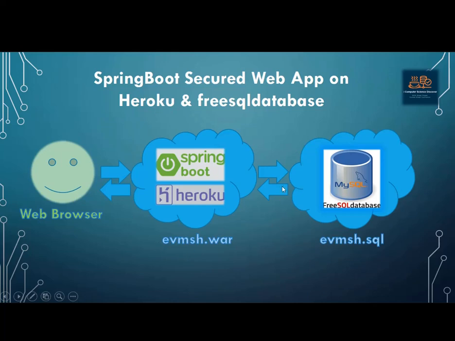So here we have Heroku as a cloud that holds the application server, and then you have freesqldatabase as a cloud that holds the database, and they're independent of each other. One could be in China, one could be in Japan, and you're sitting here in the United States trying to log into the system. So this is truly pure cloud-to-cloud communication. And the nice thing is it's going to be free if you follow the tutorial. So, stay with me and let's find out how you can do that.